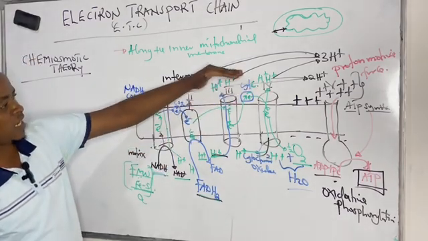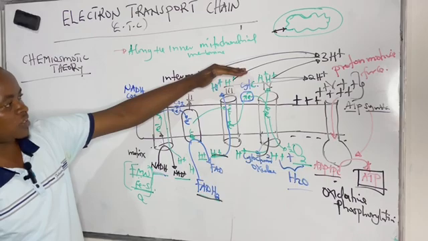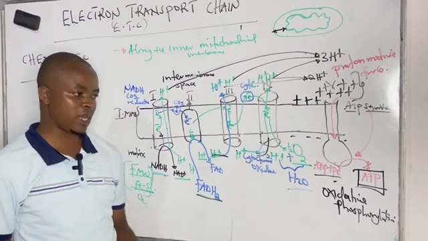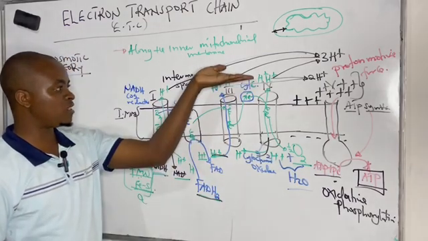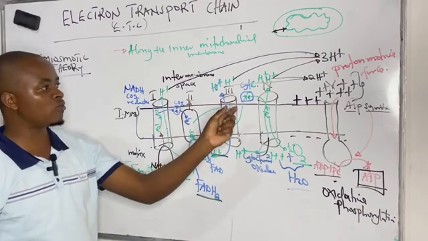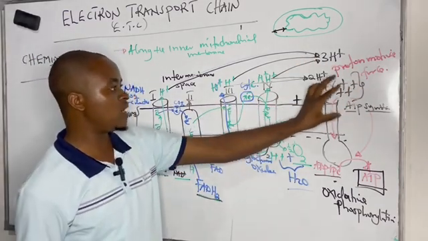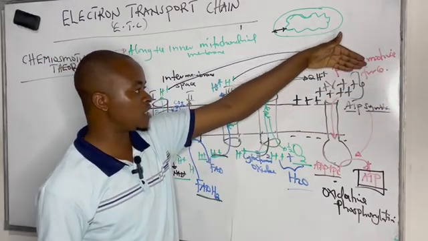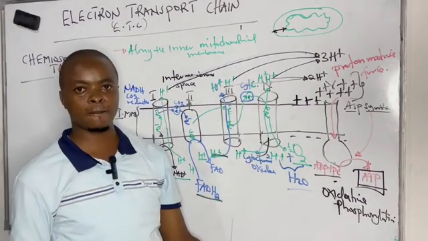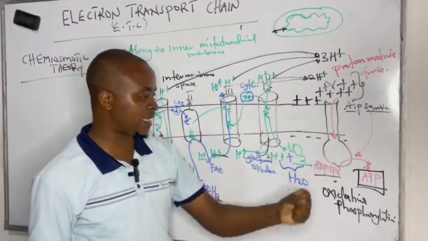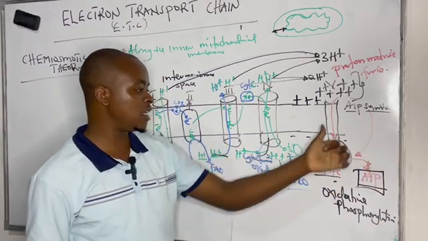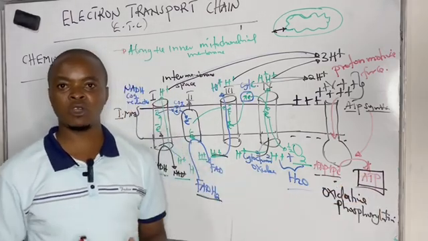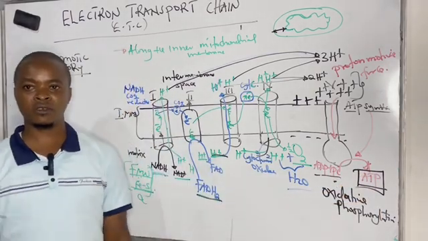Therefore, because hydrogen ions, which are positively charged, accumulate in the intermembrane space, they create an electrochemical gradient, whereby here we have more positive charge than inside. When these protons accumulate at complex 5, they create what we call a proton motive force, which forces these protons to come back inside. They create energy that spins the ATP synthase, leading to the combination of ADP plus inorganic phosphate to form ATP. And that is what we call the chemiosmotic theory.